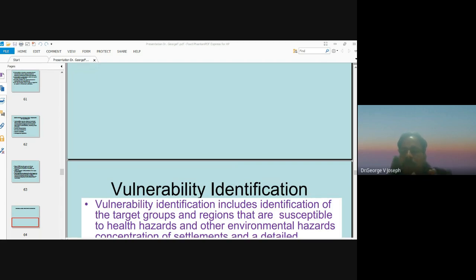Proximity is people who are living near hazard conditions. So that could be one parameter of identifying the vulnerability. As you said, the location issue. Anybody else?